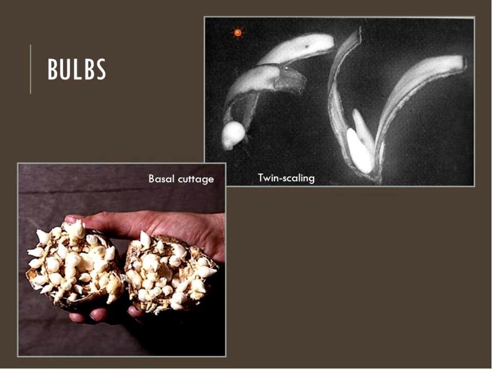The key is that every piece that you cut up has to have a part of the basal plate attached. And the basal plate, if you look at a bulb, is just that thickened area on the very base of that bulb. So as long as every piece has part of that thickened basal plate in it, you're fine.